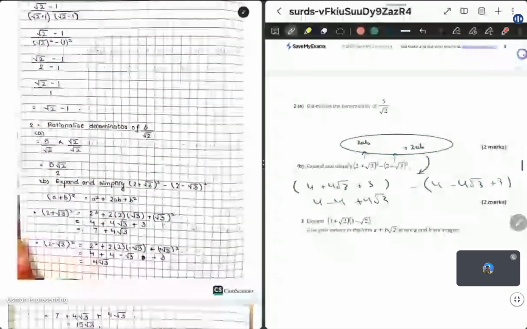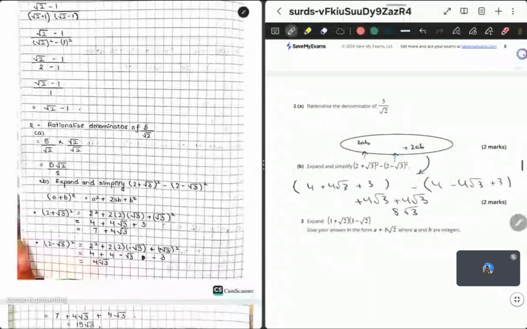And this minus 4 root 3 will become plus 4 root 3. So 4 root 3 minus plus 3, and this becomes minus 3. So these two cancel out and these two cancel out. You're left with 8 root 3. Okay, make sense? Yes.